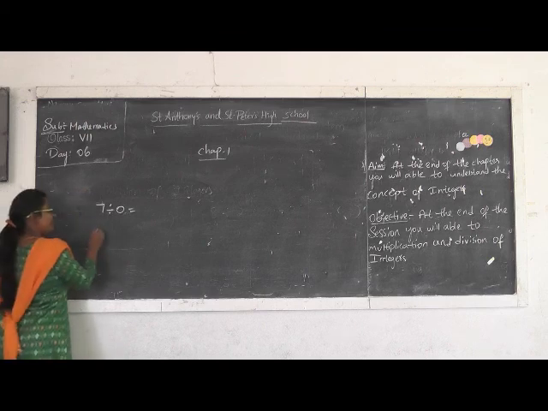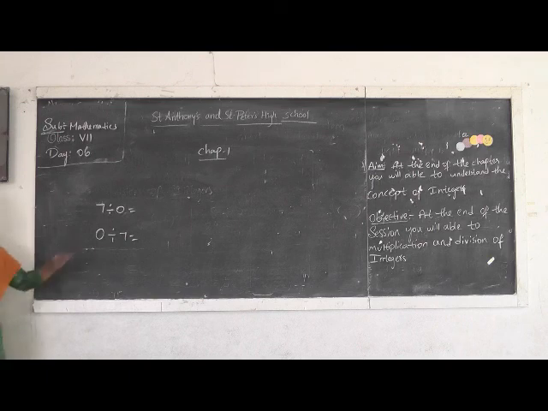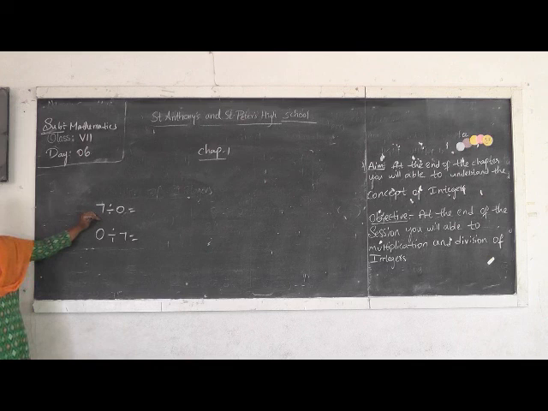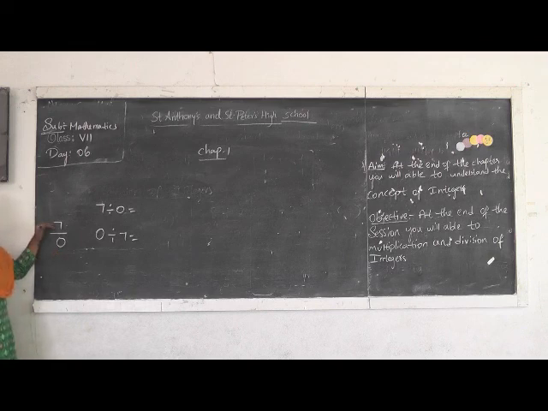Or let us take 0 divided by 7. 0 divided by 7 or 7 divided by 0. Let us check: 7 should be divided by 0. Is it possible to divide 7 by 0?